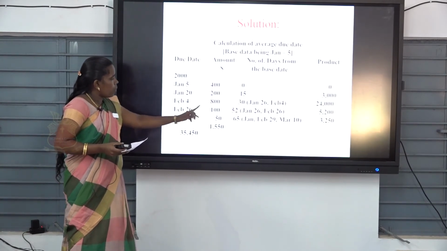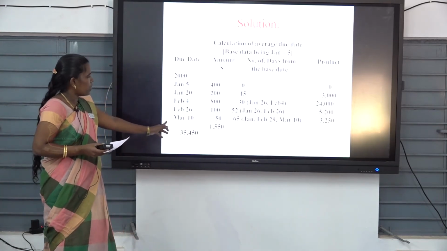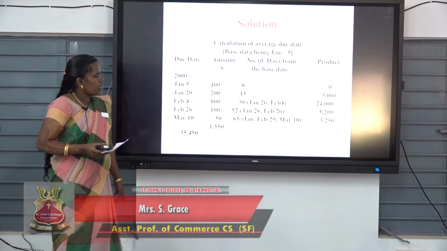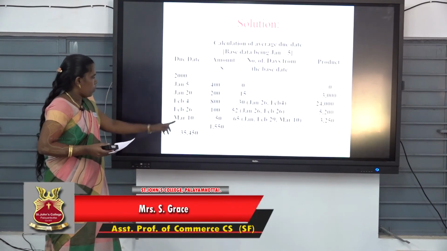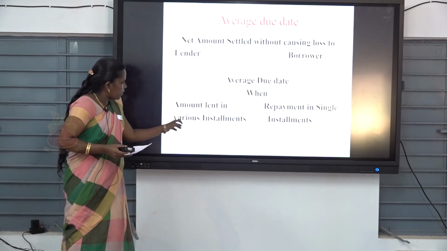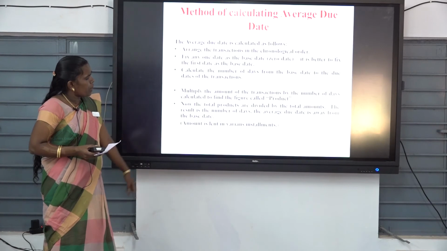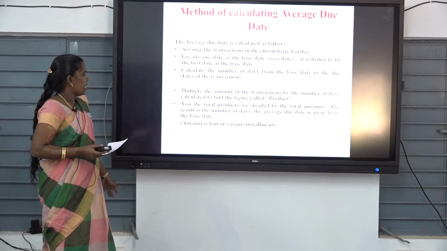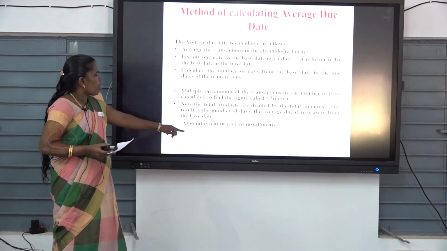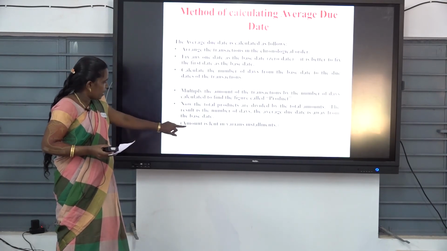The total number of days is 65. 65 into 50 is 3,250, the product. And the last point: the total product is divided by the total amount, and the result is the number of days the average due date is away from the base date.